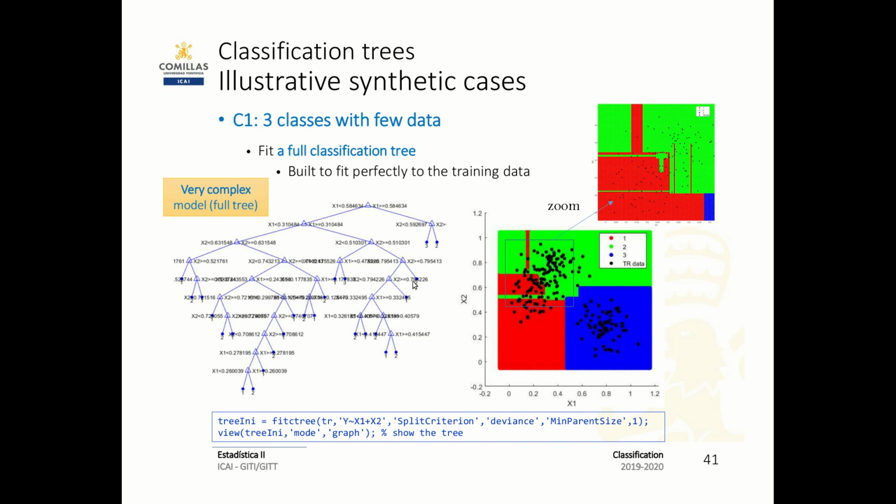Full classification tree meaning that it is very complex. Here you have the MATLAB code to do that, and then what we can see is that, for instance, in this area we have an overly complicated tree where we have very strange assignments simply to fulfill the training data.